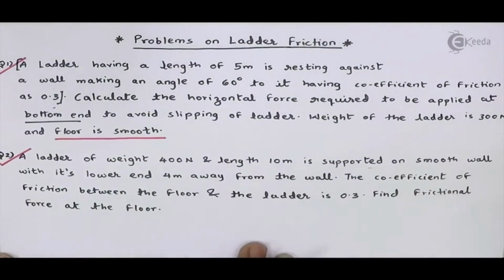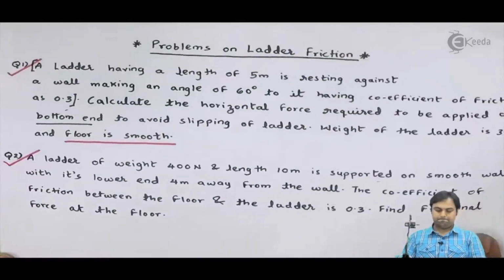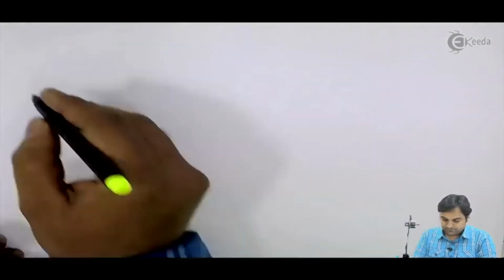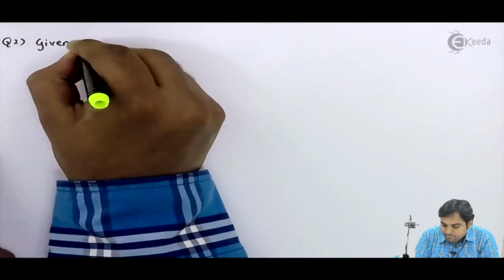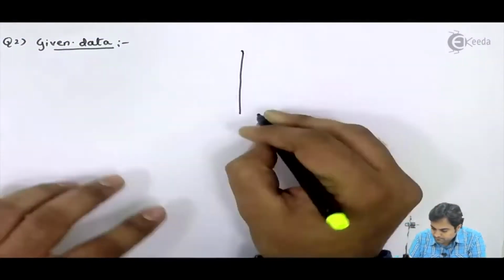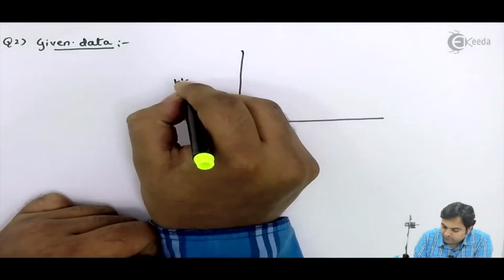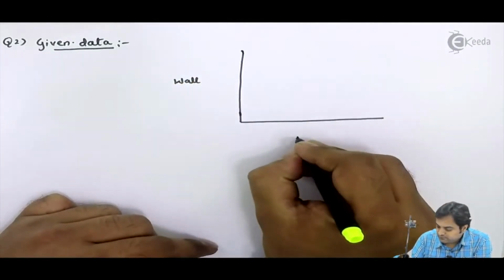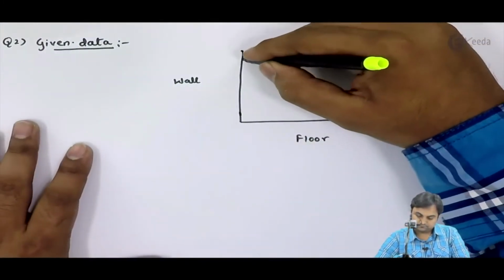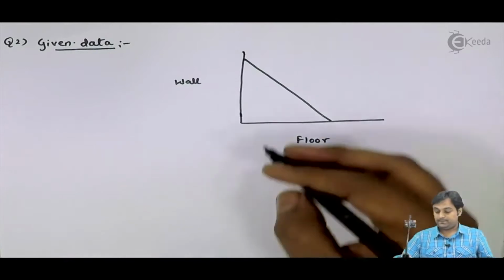Whatever things are given in the question, we would be writing that in the form of data. Here we have wall and floor. Over that a ladder is resting.